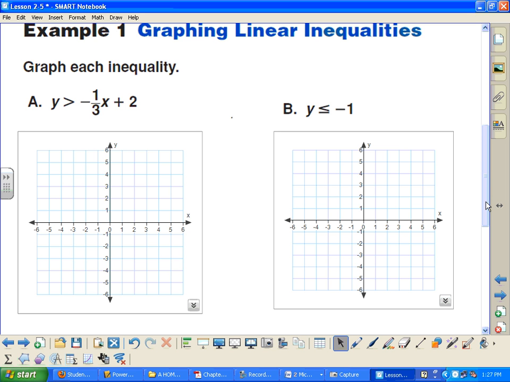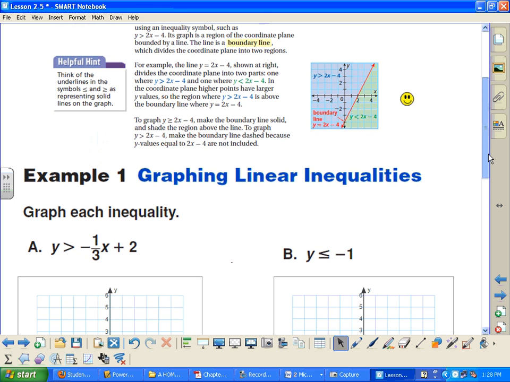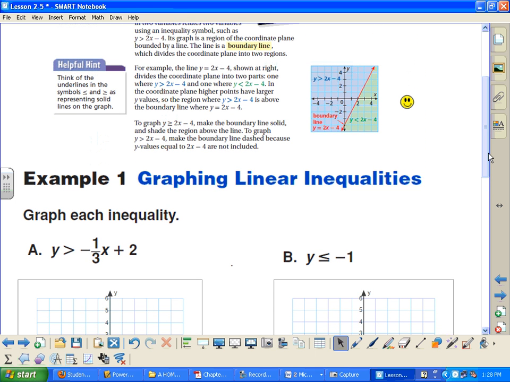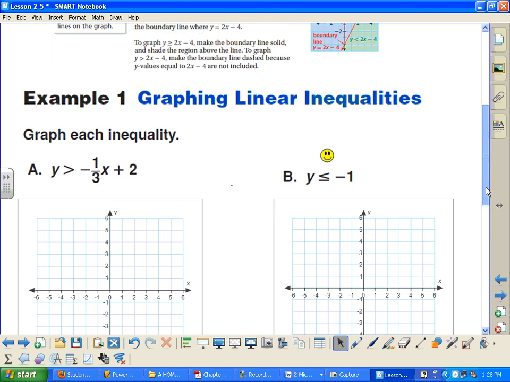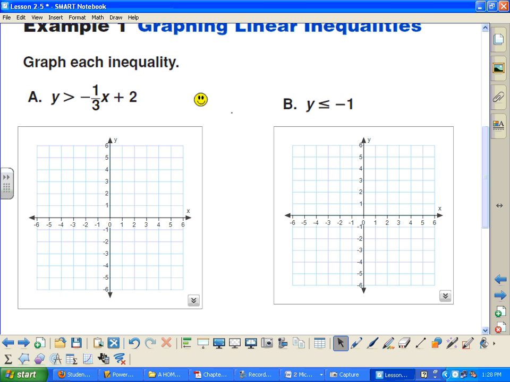When we're talking about a boundary line, if it's greater than or less than, we're going to use a dotted line. If it has greater than or equal to, or less than or equal to, then it's going to be a solid line. In this case, it's going to be a dotted line because we just have greater than. So we'll graph that line.